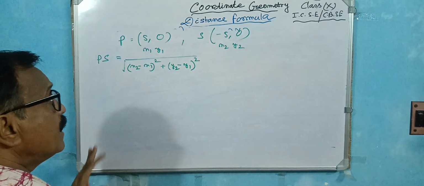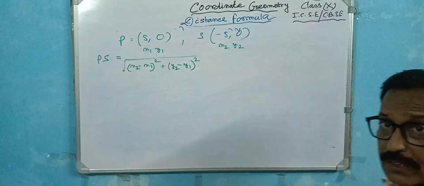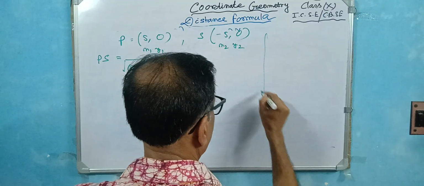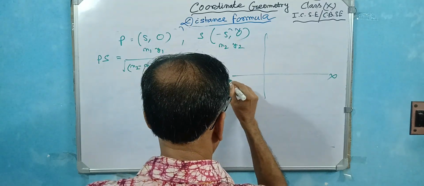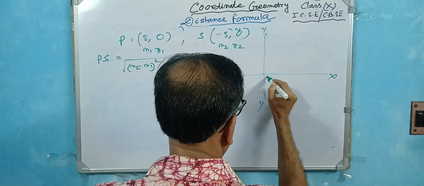This is the formula. In case of coordinate geometry, or if you just know the graph, what is actually the location of this, I just discussed here. Suppose a graph, x dash, y dash. Okay, this is the origin (0, 0).